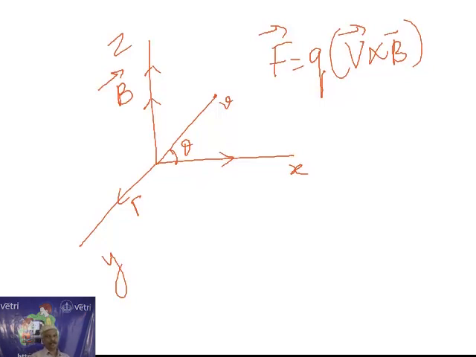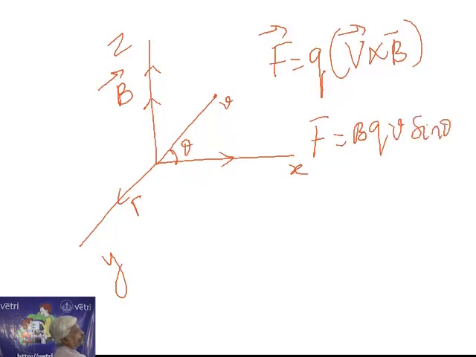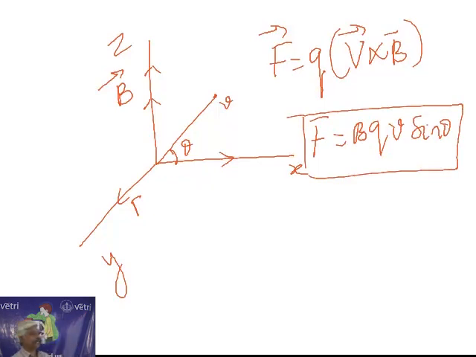Definitely it won't. The charged particle should be in motion, then only will a force be available. Therefore F is equal to Q into V cross B, or for magnitude alone, F is equal to B Q V sin theta. Don't forget it.